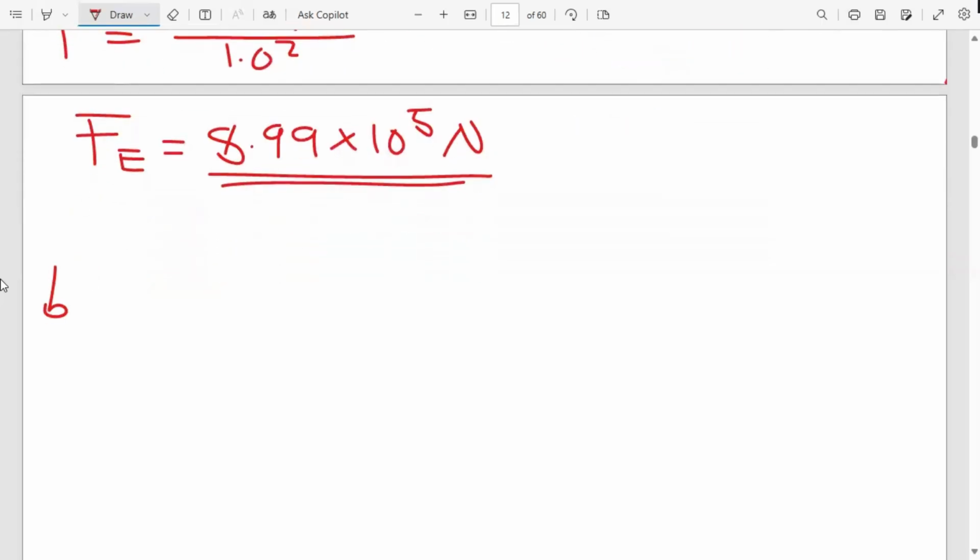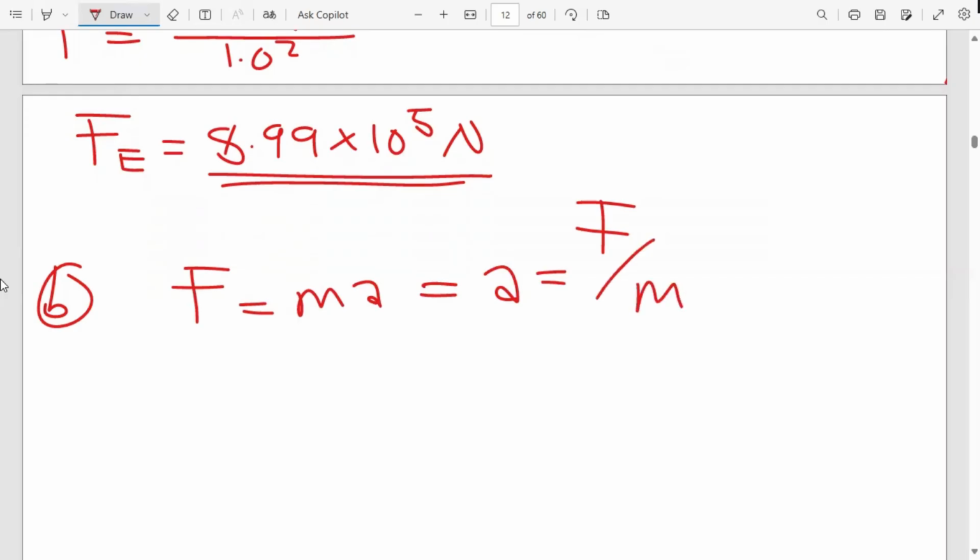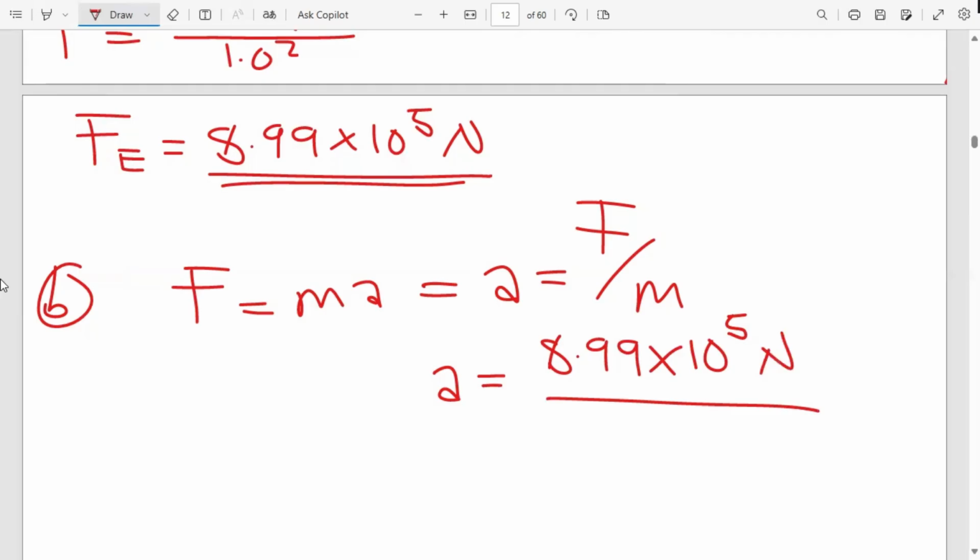Question B is saying we should find the initial acceleration of one mass. So using Newton's second law, the summation of forces is equal to mass multiplied by acceleration. Therefore, our acceleration will be equal to force over mass. What force are we talking about? It is the repulsive force between the two charged bodies. So my acceleration will be equal to 8.99 times 10 to the power 5 newtons divided by the mass of the body, which is 1 kilogram.